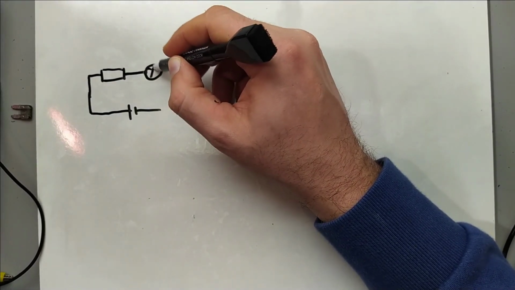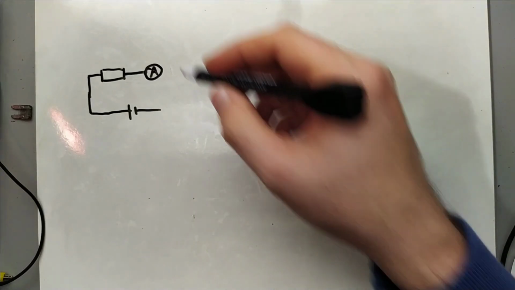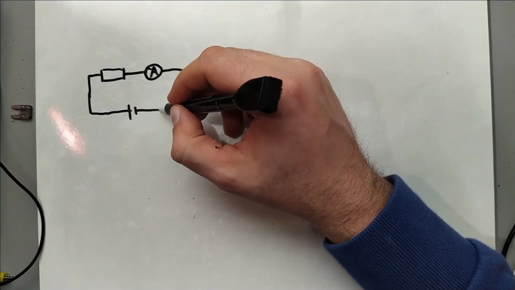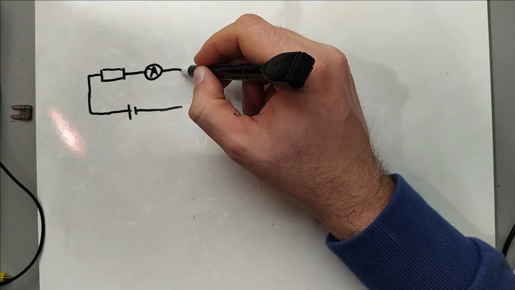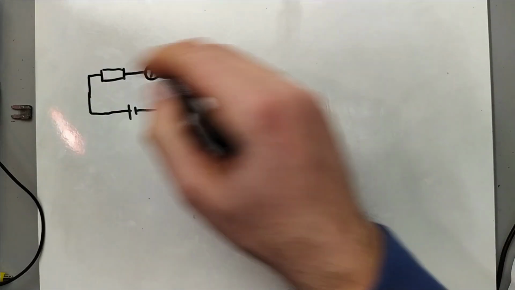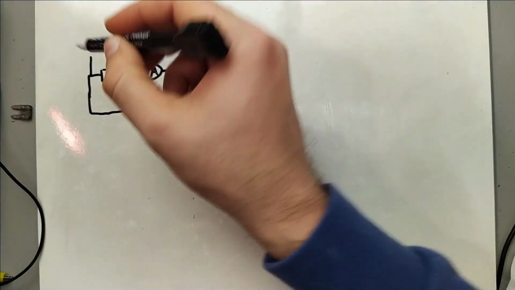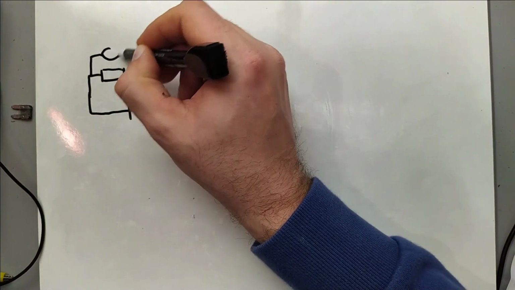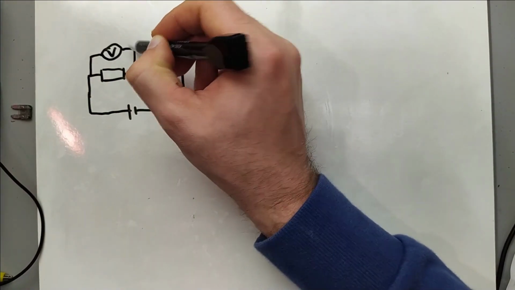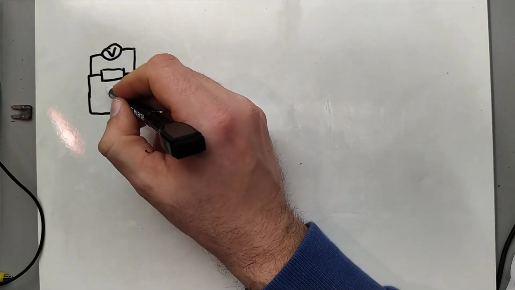Then we will have an ammeter, which is connected in series, and so this circuit is closed. Here we will have a voltmeter which is connected in parallel to our resistor.